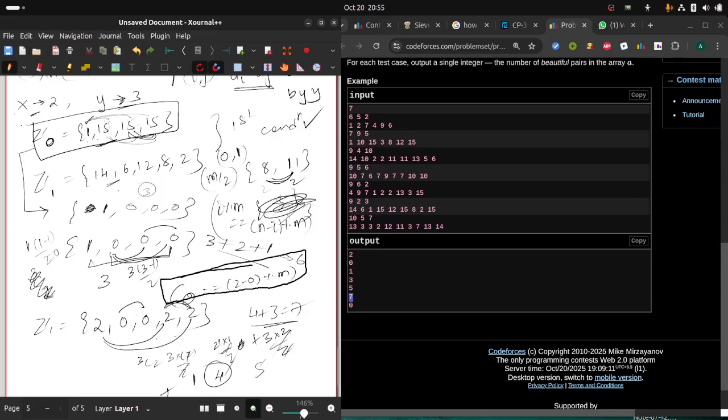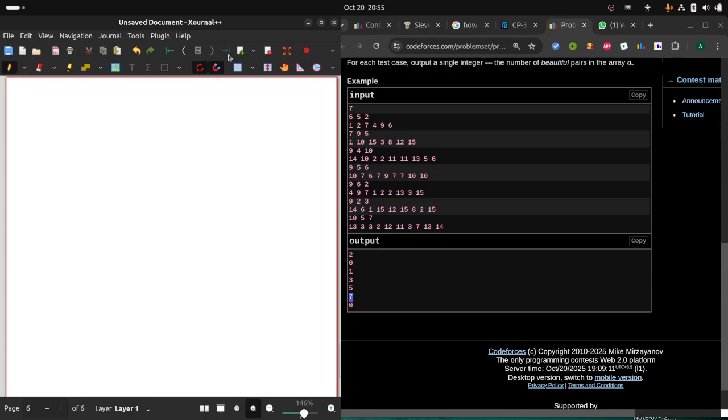Now let's just try with another example actually. When we don't have the same classes, I mean to say that thing. Let's say one class is this thing, and let's say 6, 5, 2, and 1, 2, 7, 4, 9, 6. Then what are the classes formed actually?